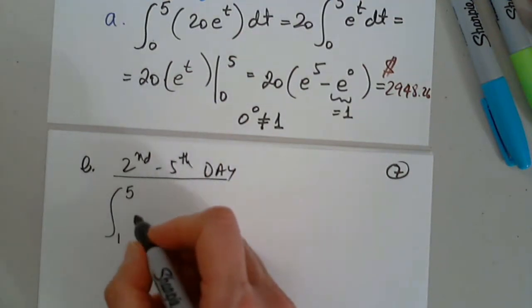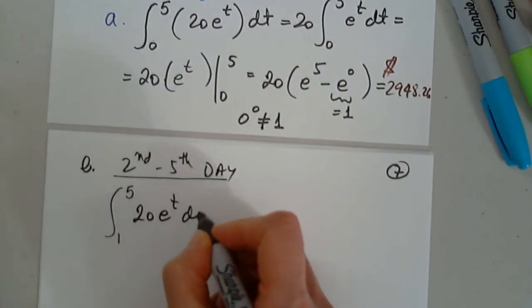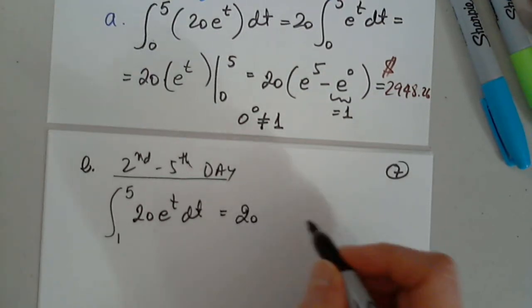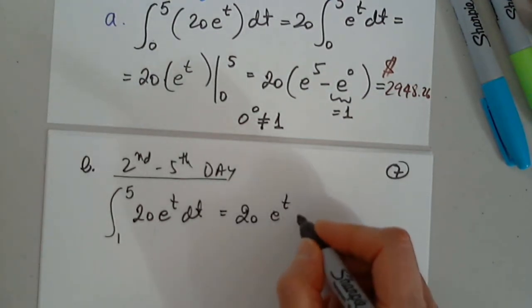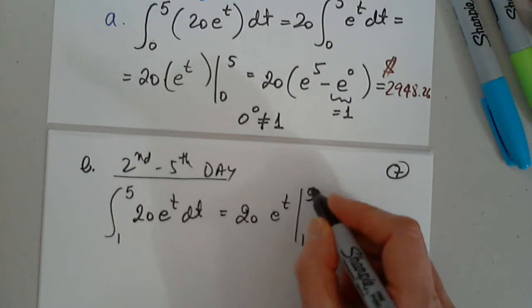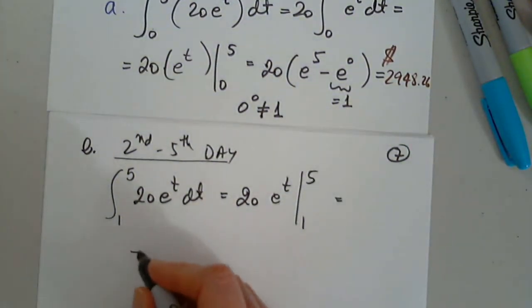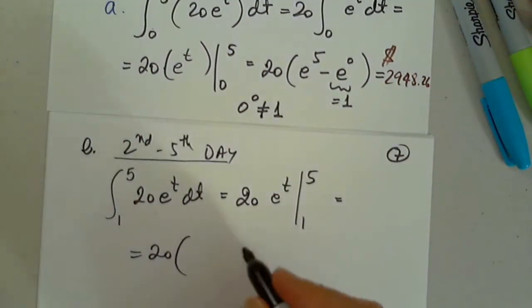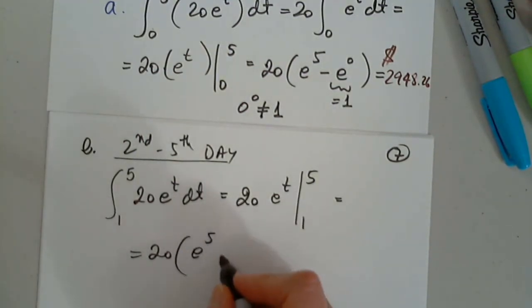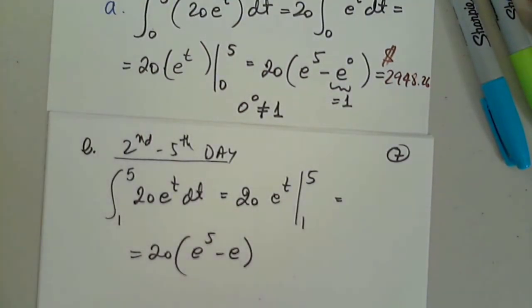Of the same thing, 20 e to t dt. It's still 20 outside, it's still e to t, it's still from limits 1 through 5, still 20 is outside, and this is e to the 5th power minus e.